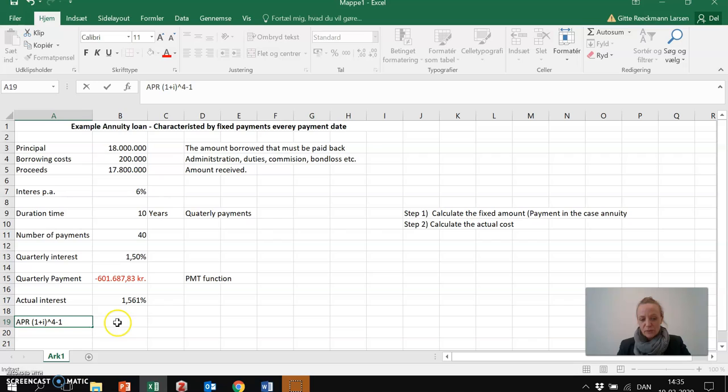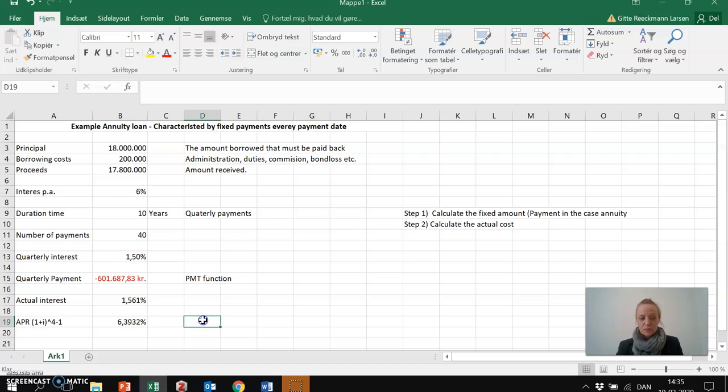So we use this formula, and when we do that, we have calculated the actual annual percentage rate. Follow me here: 1 plus the interest, using the actual interest we have just calculated. Now uplift this to the power of 4, isolate it by subtracting the 1, and press enter. And now you want to put this into percentage and add a few decimals.